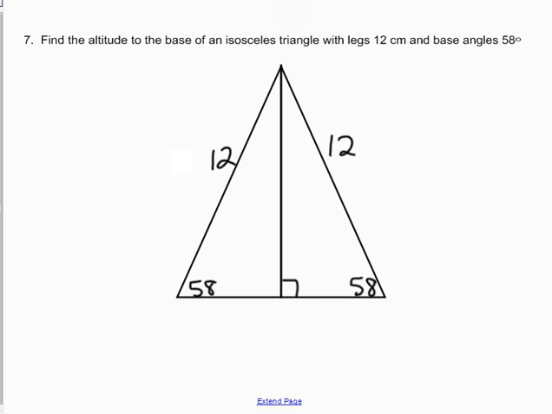And what do we want to find? We want to find the altitude. So we want to find this number right here. All right, so that's my planning. Okay, so I've got 58 degrees right here. And let's see, I've got a hypotenuse and opposite.